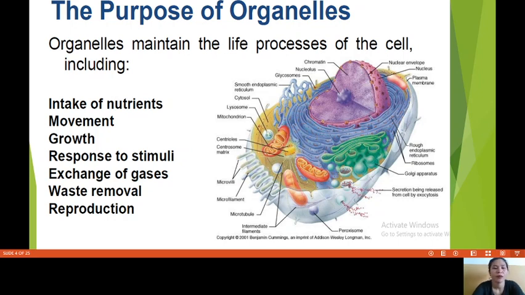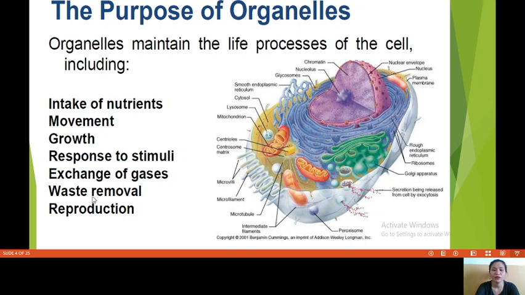Okay? So we also have exchange of gases. What are these gases? We only have 2 types of gases inside our body. So we have oxygen, of course, and carbon dioxide. These are the specific gases inside our body. And also, since you eat food, of course, you have to remove the waste.